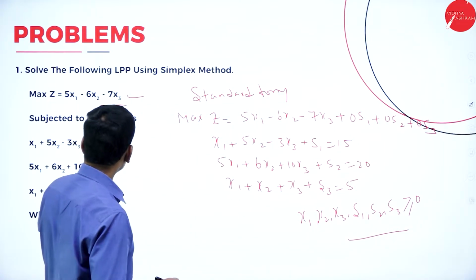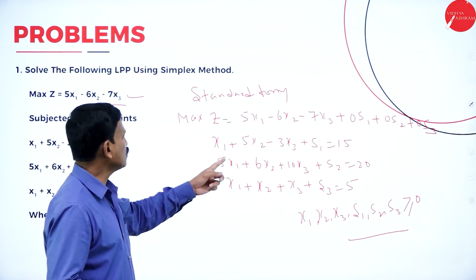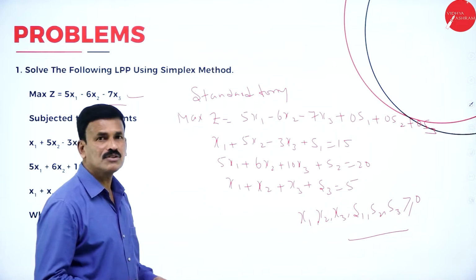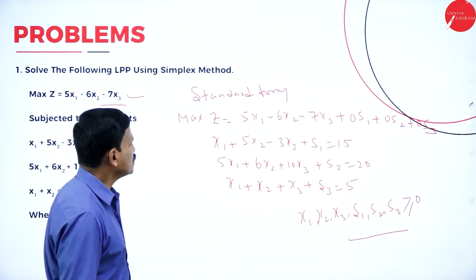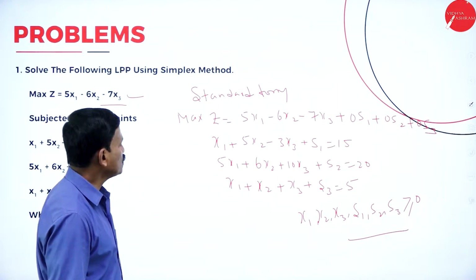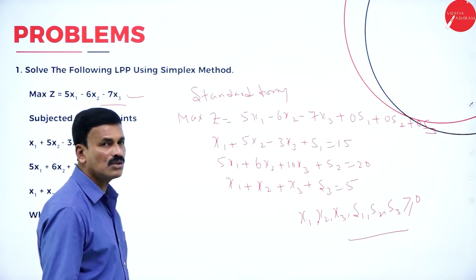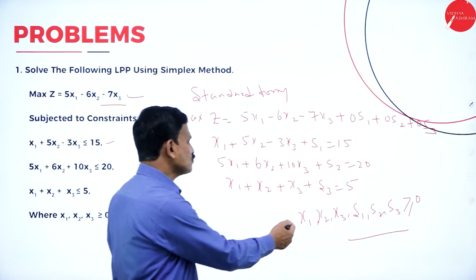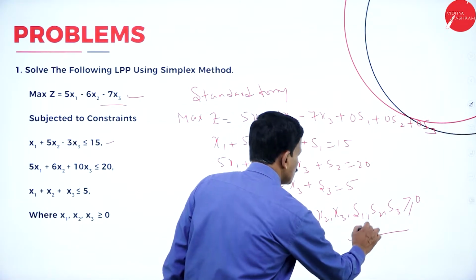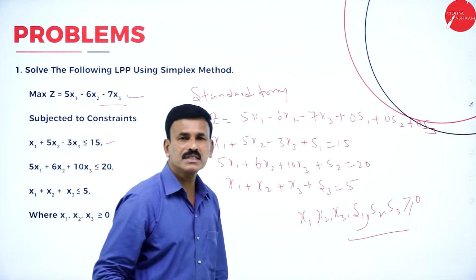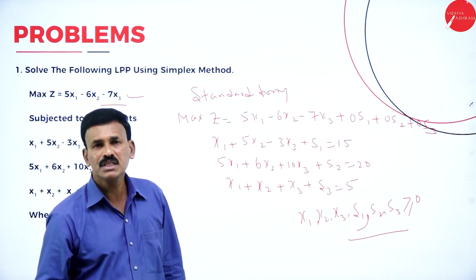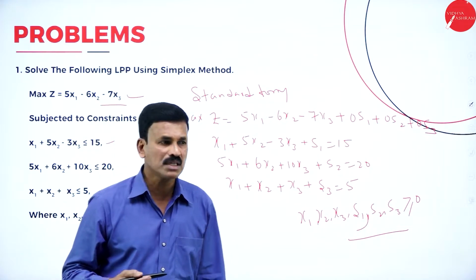Now the constraints will change as x1 plus 5x2 minus 3x3 plus s1 is equal to 15, 5x1 plus 6x2 plus 10x3 plus s2 is equal to 20, and x1 plus x2 plus x3 plus s3 is equal to 5, and the values x1, x2, x3, s1, s2, s3 are all greater than or equal to 0, the non-negative restriction. Now based on this, let us construct the initial simplex table.